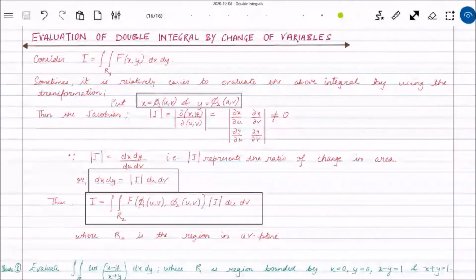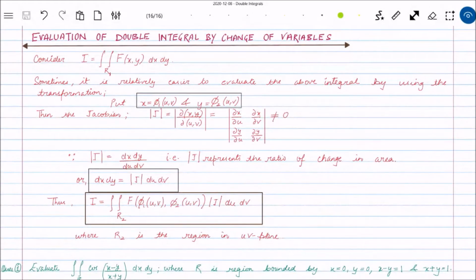When we deal with triple integral in 3-dimensional space, the Jacobian determinant will represent the ratio of change in volume. But at the moment, this represents the ratio of change in area, because we are just dealing with a double integral. Okay. So dx dy is equal to the Jacobian determinant multiplied with du dv.